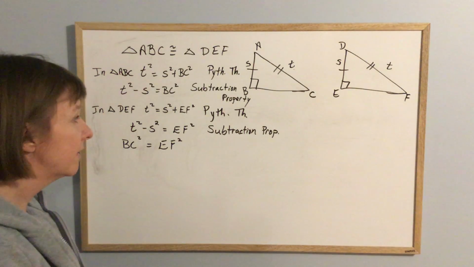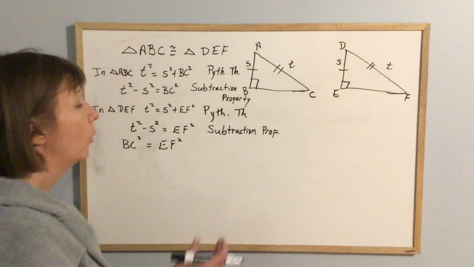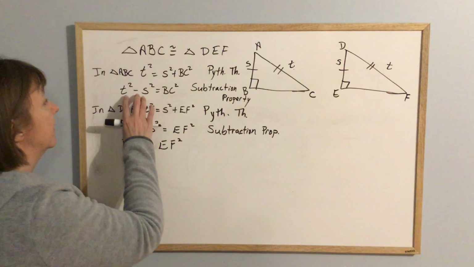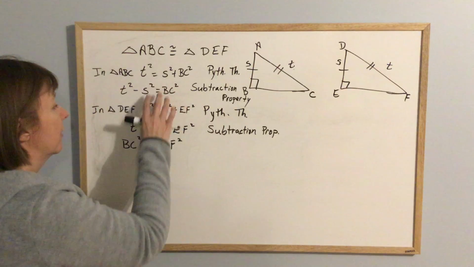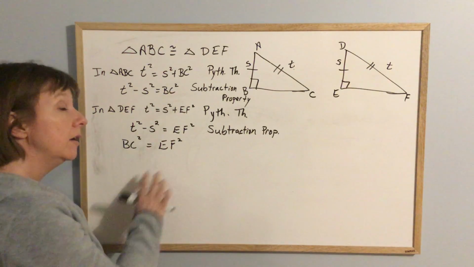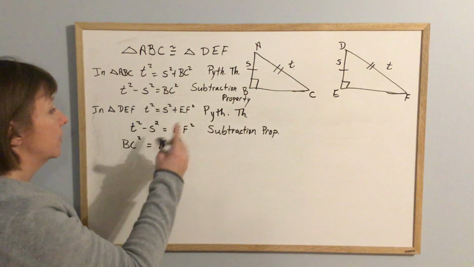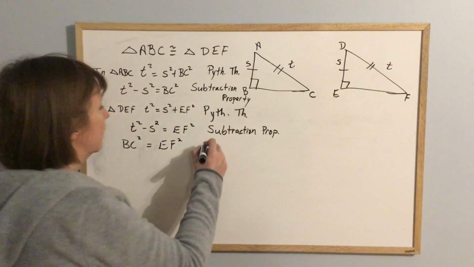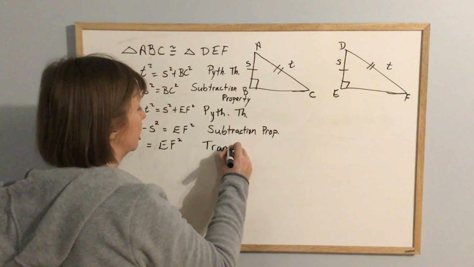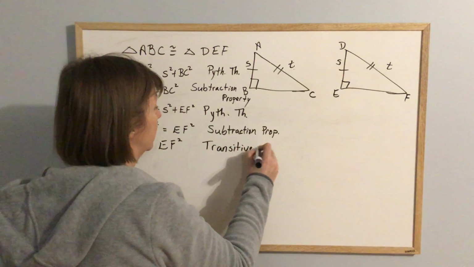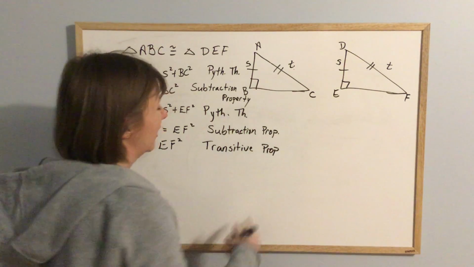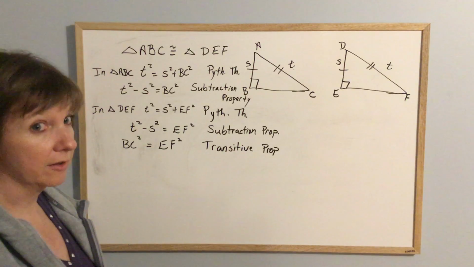Now, there's a fancy word for that. When I make a statement and I see that this and this both equal each other, so I can say that this is equal to this, there's a fancy word for that. It is called the transitive property. Okay, it's just a fancy word, transitive property.